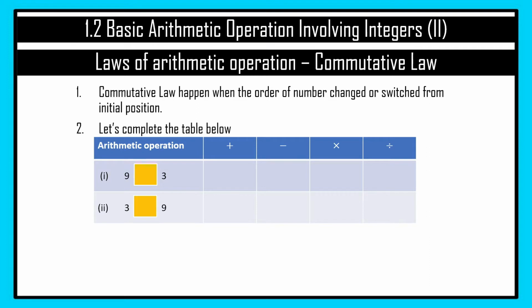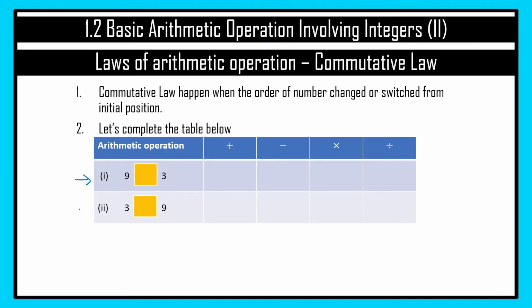Alright, number 1. According to this law, commutative law, it happens when the order of the numbers is changed or switched from the initial position. So, what does this mean? For example, this first one has 9 at the front and 3 at the back.